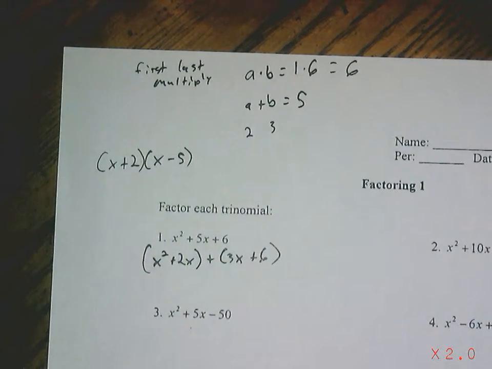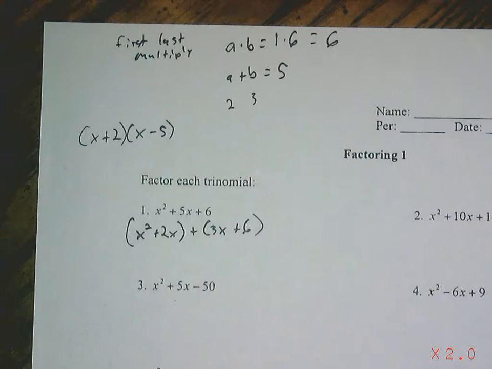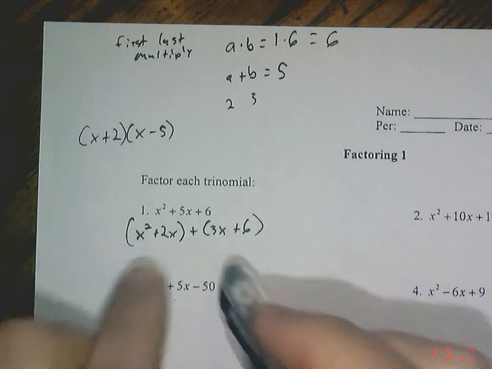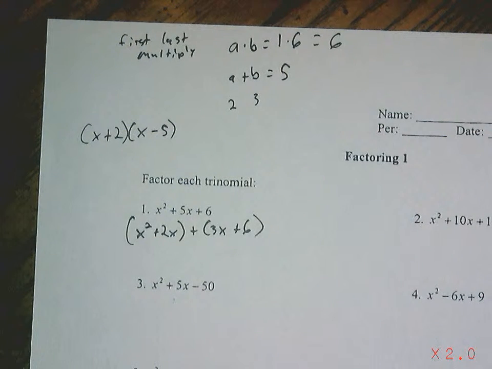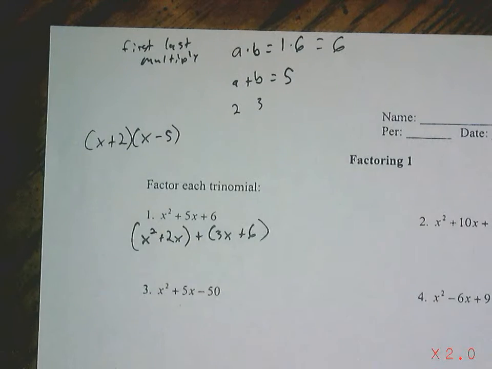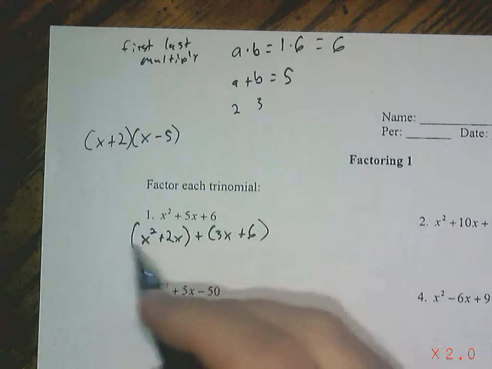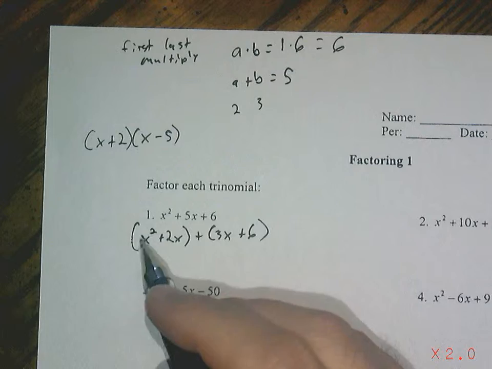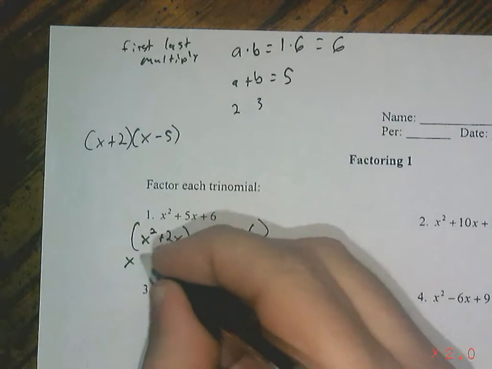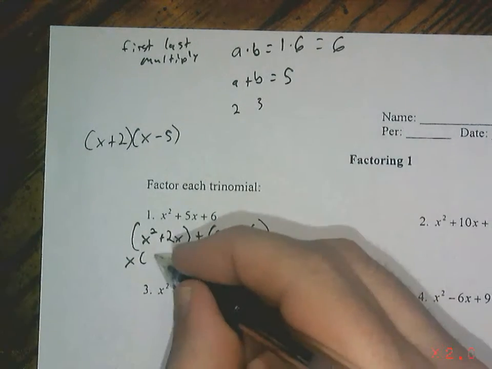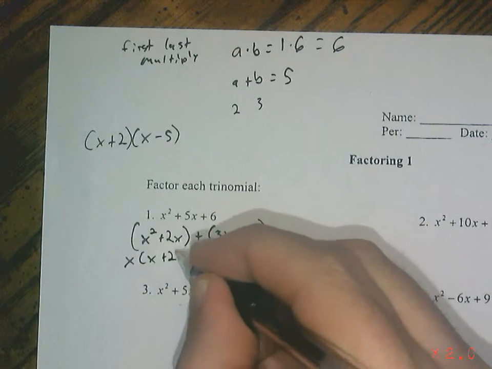Okay. And notice I already grouped them just like I did last time, because I'm going to take out the common factor in each, and then we'll get our binomial. So if I look at this, the common factor would be an x, right? So I take out an x, I have x times x plus 2.